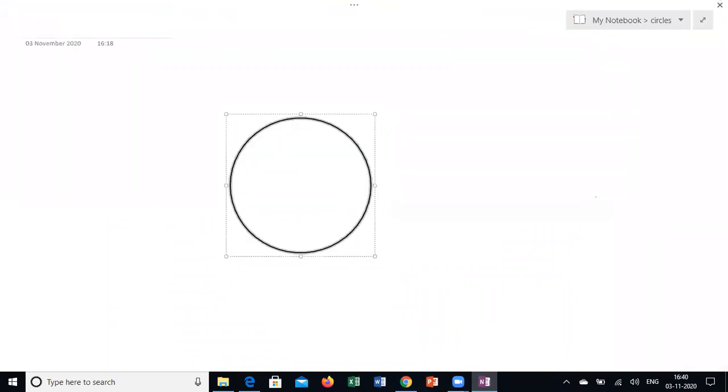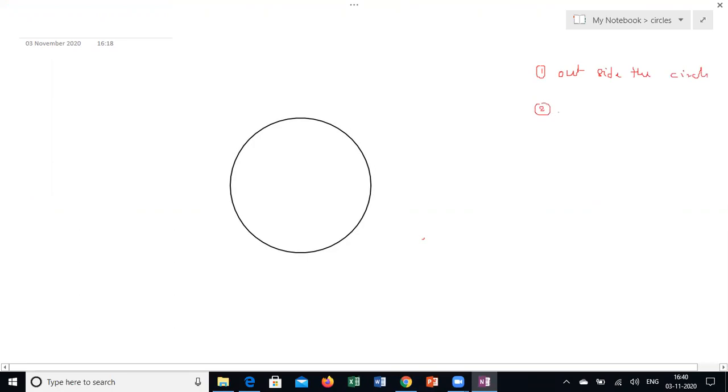So the total plane was divided into three categories. One is outside the circle. Second one is inside the circle. Third one is on the circle.